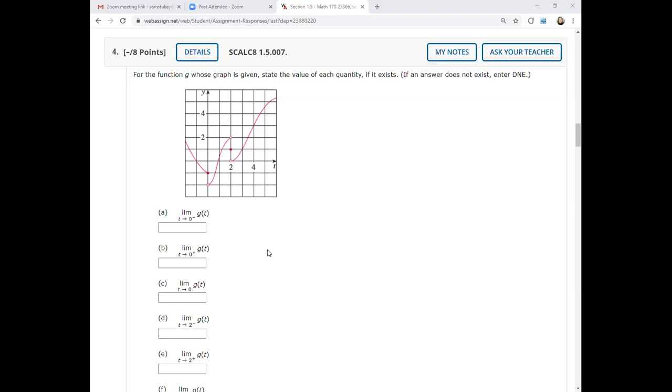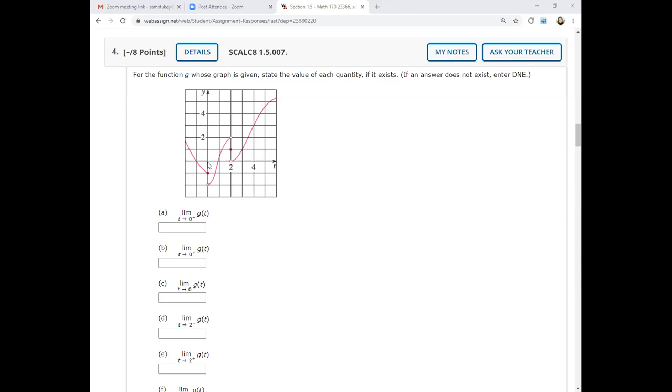So the limit as t approaches 0 from the left is wherever that intercept is. I can't tell from it. Yeah, 0 is here. Oh, I was looking at 1, I'm sorry. So it is broken at 0.